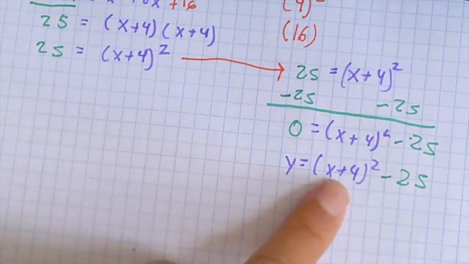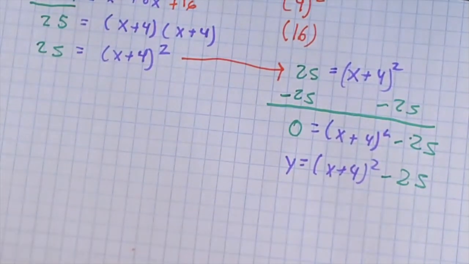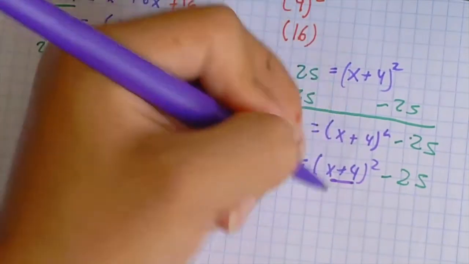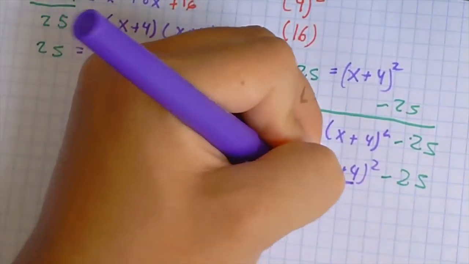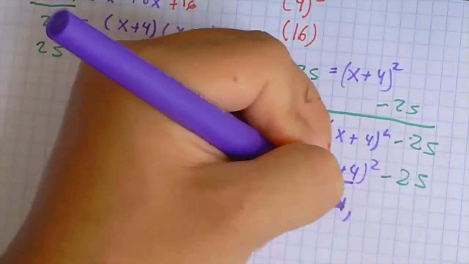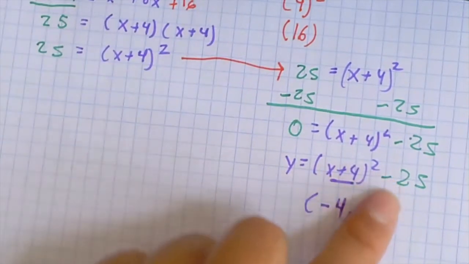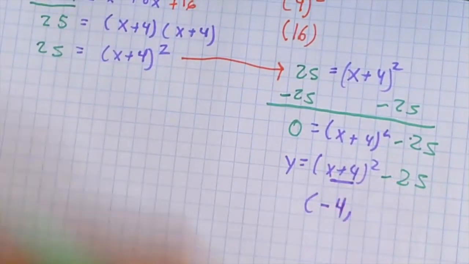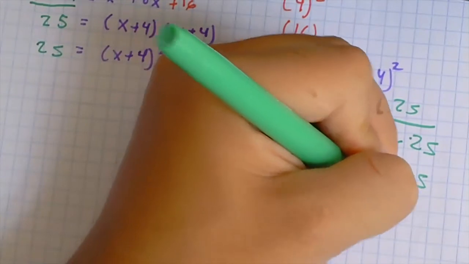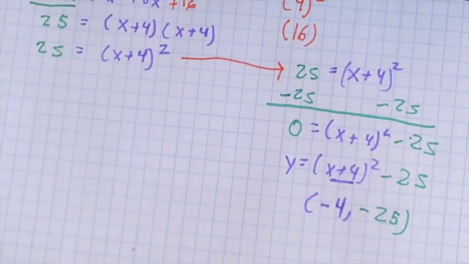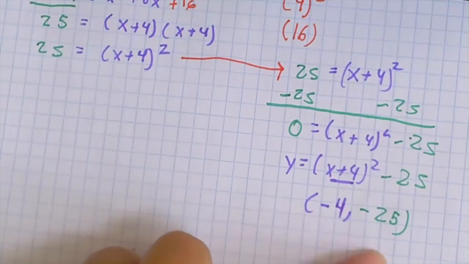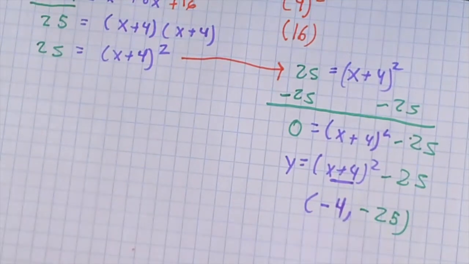When this value is positive, when we have a plus 4, the x value in the vertex point is going to be negative. And because this is a minus 25, the y value is also going to be negative. So our vertex point is negative 4, comma, negative 25.